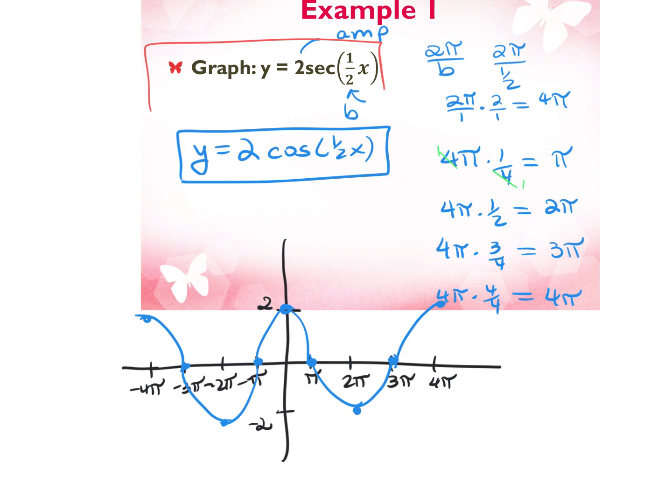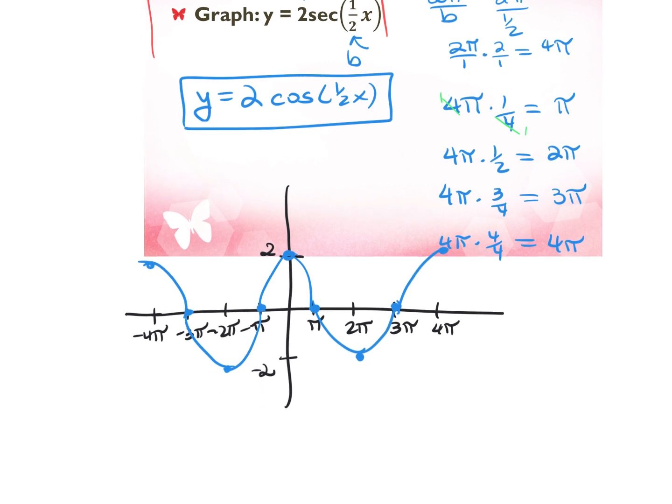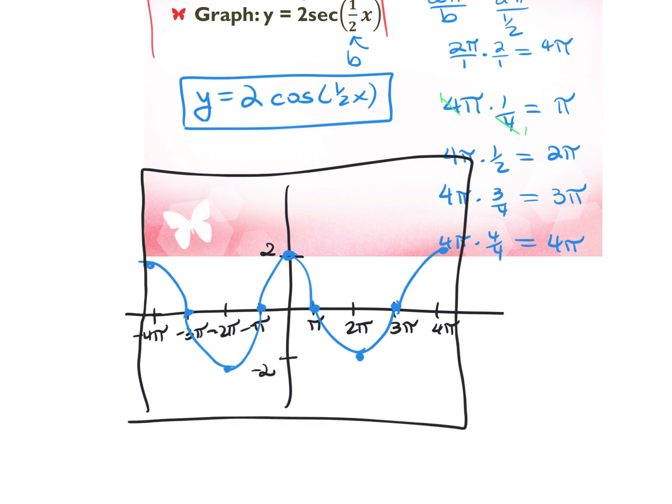Now, I'm going to go ahead and box this in. I only want to see your graph for the secant graph in this viewing area. I don't need to see any more than that. Okay, so now every spot that my graph touches the x-axis, that's where I have asymptotes.